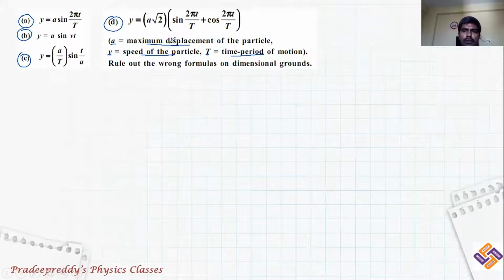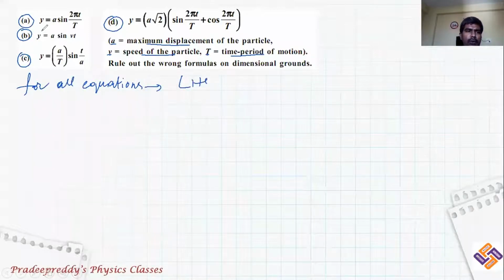So what you need to do, you have the A, B, C, D, all these 4 options have equations, left hand side and right hand side. So for all equations, left hand side, what do you have? y. What is y? y is displacement of the particle.